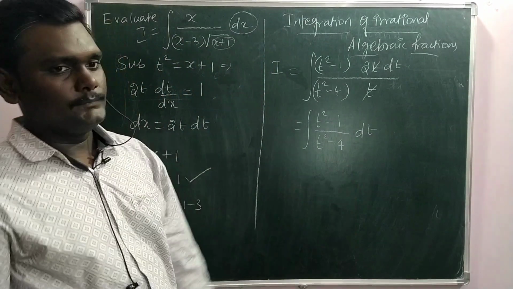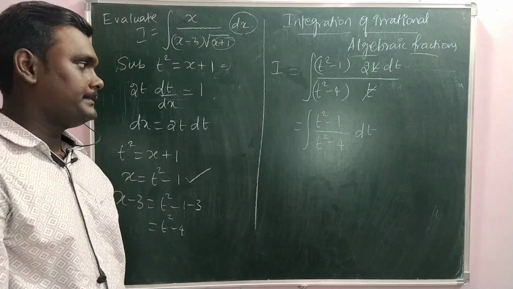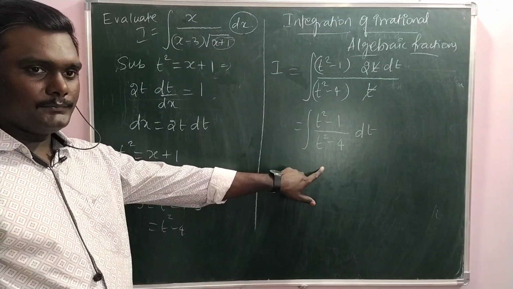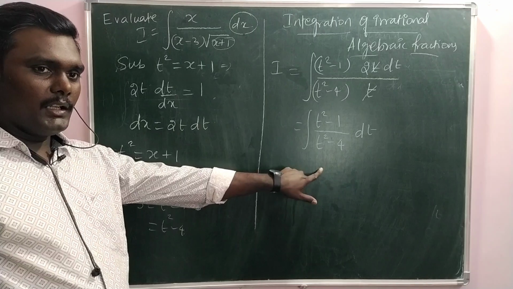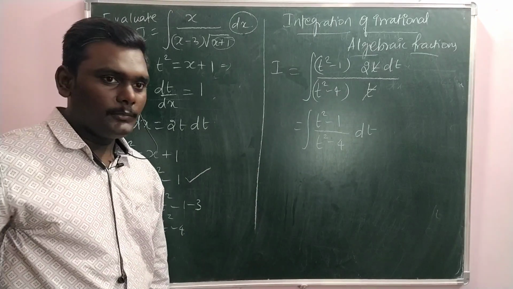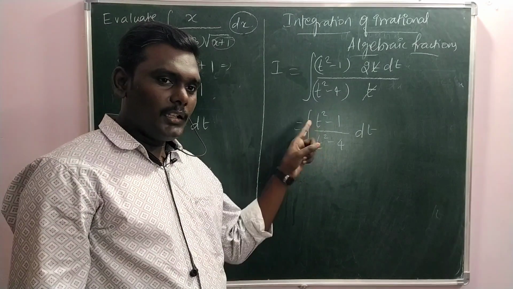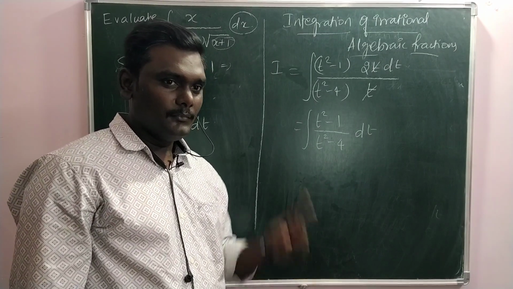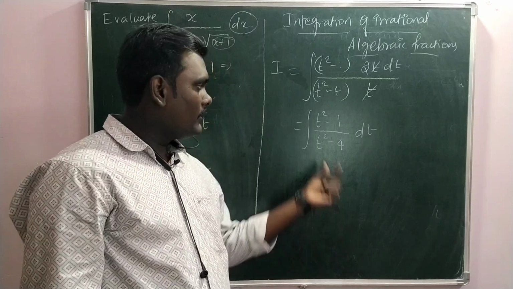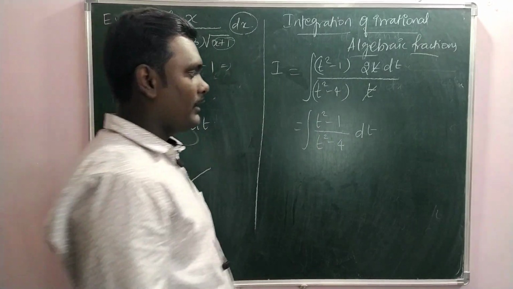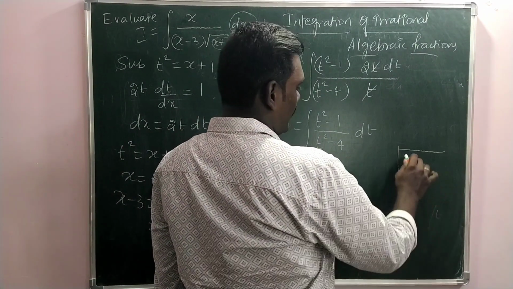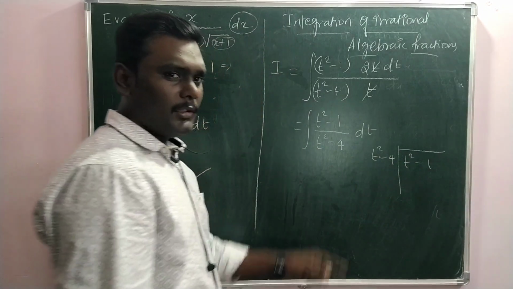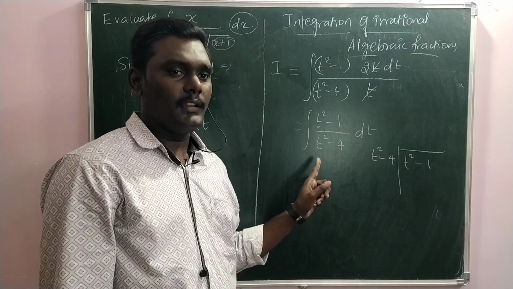Now look at this. What format is this? Is it possible to integrate this? Is this integration friendly, with direct formula substitution? What kind of fraction is it? Improper fraction. Heard this anywhere? So we should make it proper. How can we make it proper? We divide t square minus 1 by t square minus 4. Why am I calling it improper? Because the degree of the numerator and the degree of the denominator are equal.